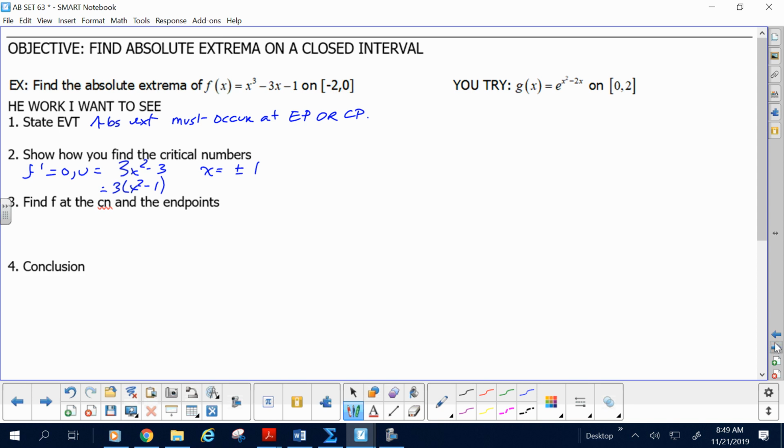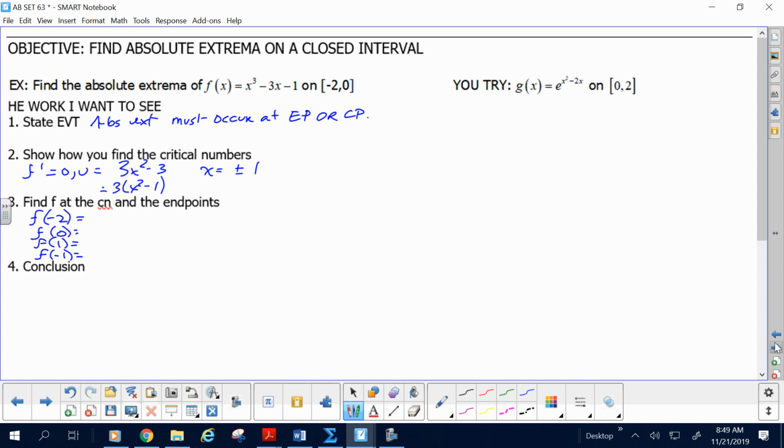Instead, you say, all right, now I just need to figure out who has the greatest and least y's. So the candidates are the endpoints, -2 and 0, and the critical numbers, 1 and -1. Those are the only places the absolute max and min can occur, the only ones.